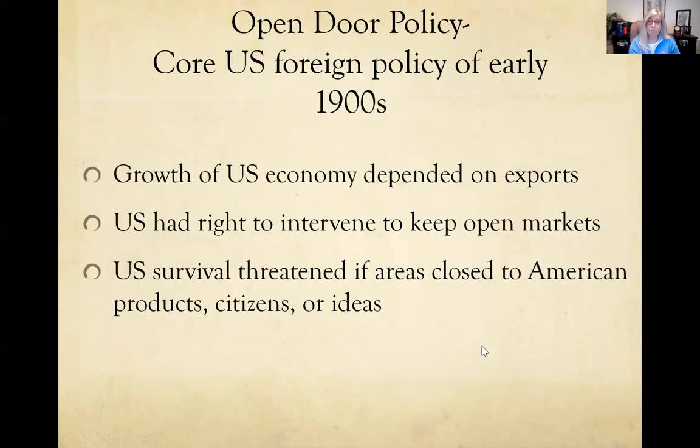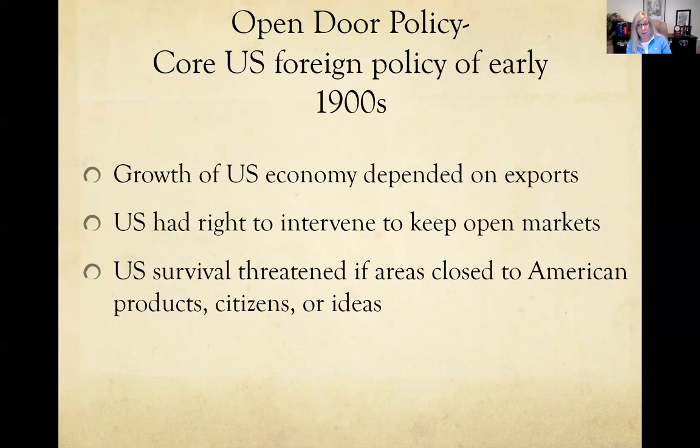Okay, so again, the open door policy is going to be the main focus of our foreign affairs at this time. We're not wanting to get involved in European wars or European affairs, but we want to trade with everybody. And that's going to help us with our exports. The US states that we have a right to intervene to keep markets open.